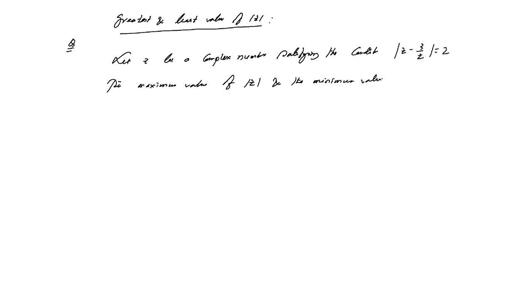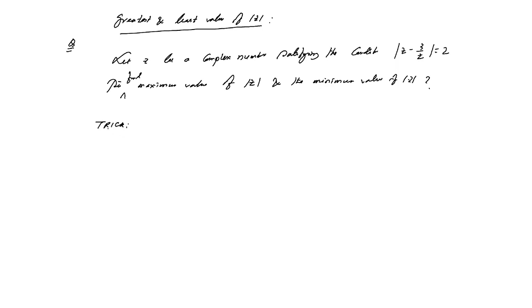So I have just written it in a question pattern, but they can ask in the MCQ type the maximum value of mod z and minimum value. Then find the maximum value. So for the maximum value of mod z, we just apply the trick.